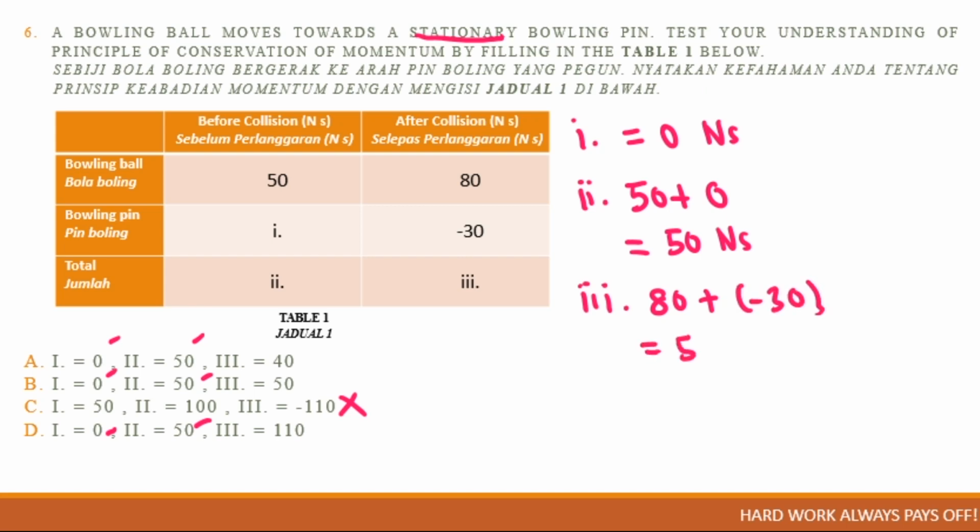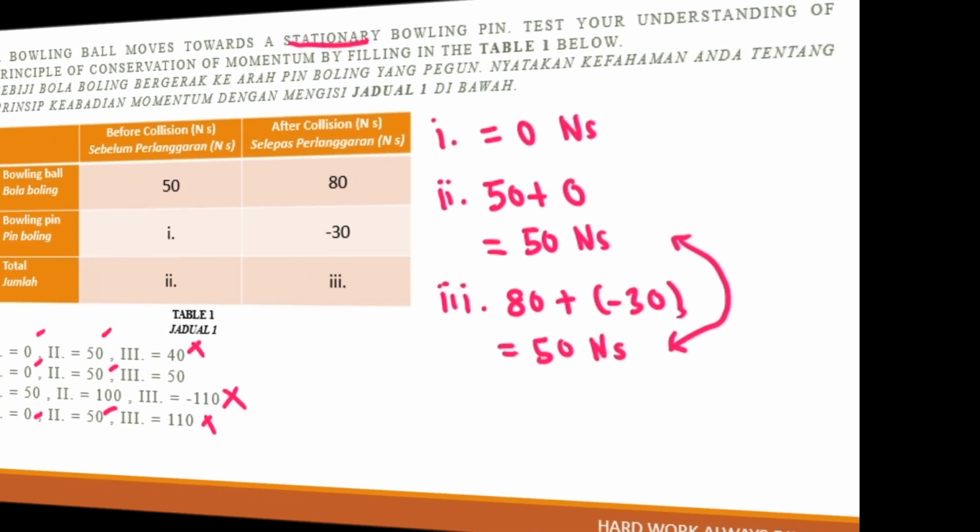So we have 50 Newton second, which is equal to this one. Therefore, it verifies the law of conservation of linear momentum. And looking at our options, this is not 50, this is not 50. Therefore, the correct answer is B. Okay, that's all from me. Thank you.